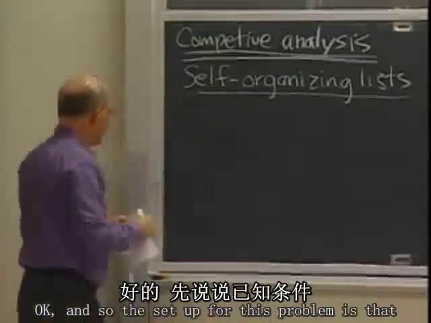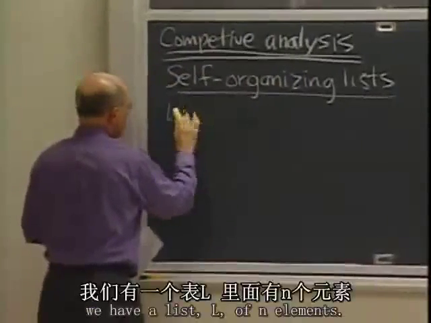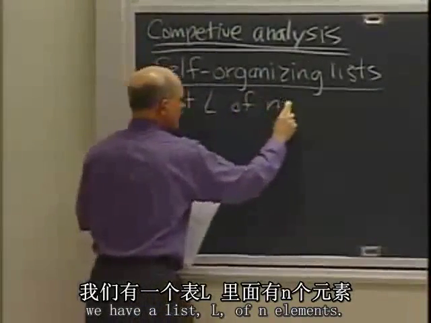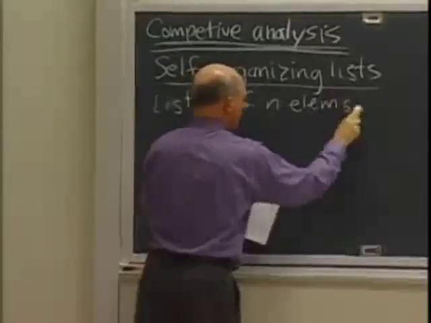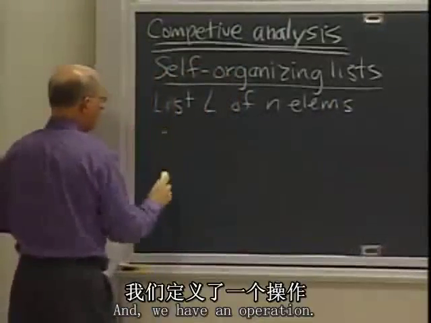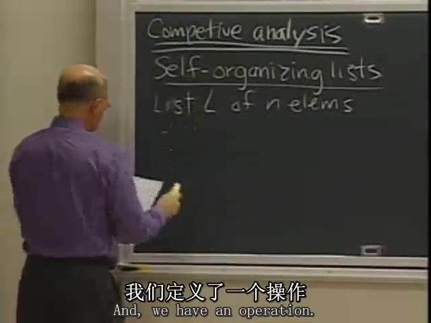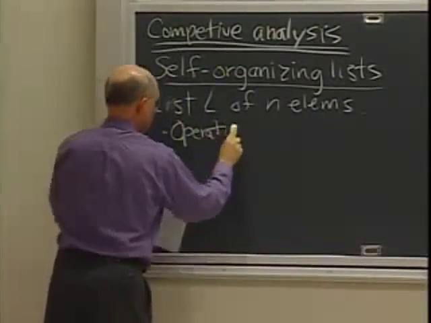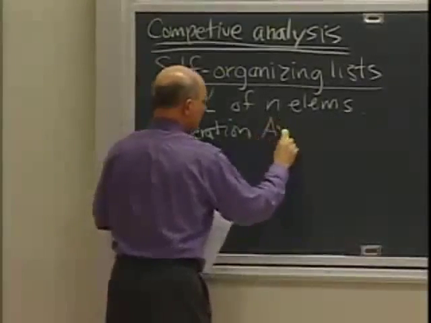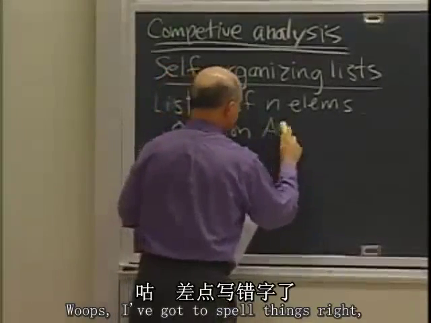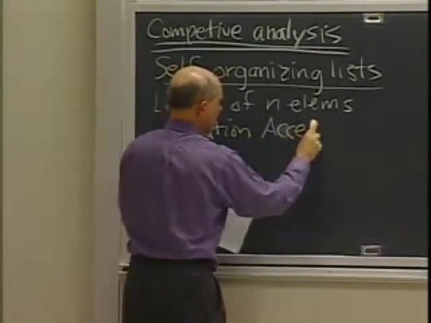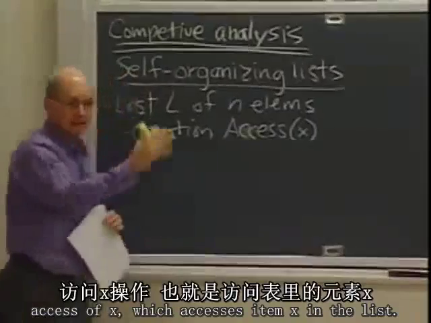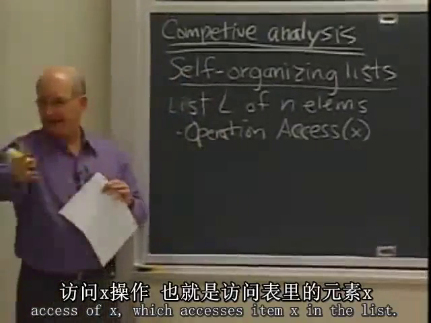Okay? And so the setup for this problem is that we have a list L of n elements. And we have an operation, Access of x, which accesses item x in the list.